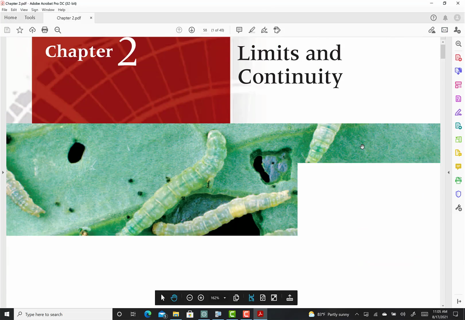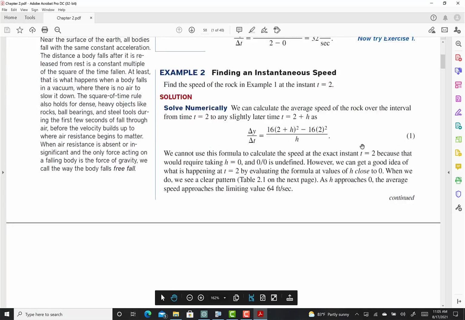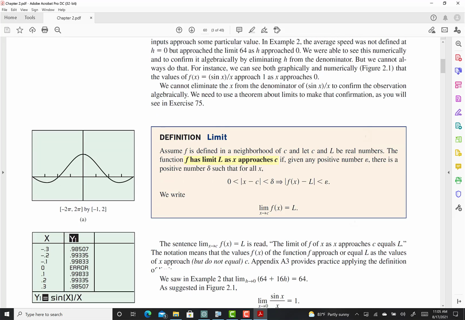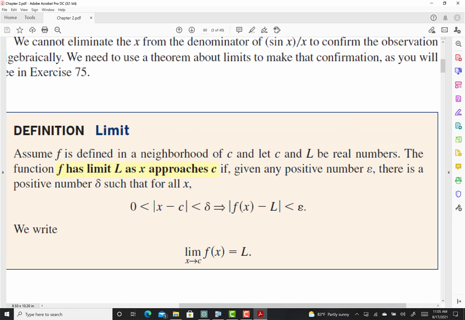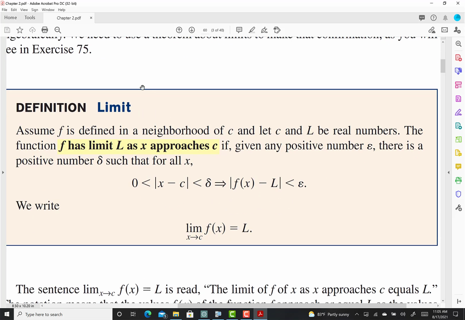It says, assume f is defined in a neighborhood of c and let c and l be real numbers. The function f has limit l as x approaches c if, given any positive number epsilon, there is a positive number delta such that blah, blah, blah. Do we understand any of it?